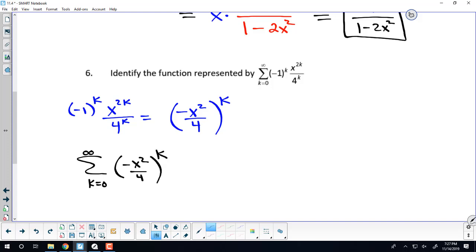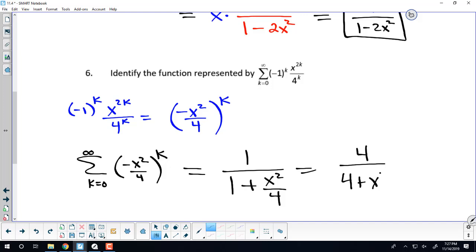Again, that's just a geometric series with negative x squared over 4 being the common ratio. So this is 1 over 1 minus the ratio. And that's our function. Or, if we were to rewrite it, it's 4 over 4 plus x squared.